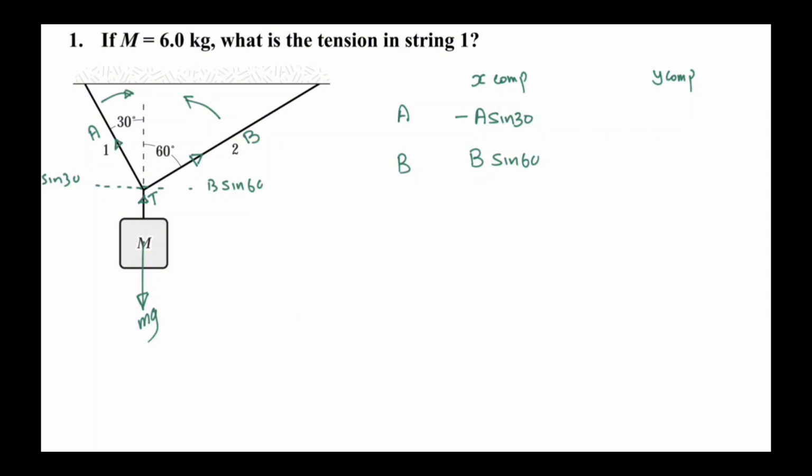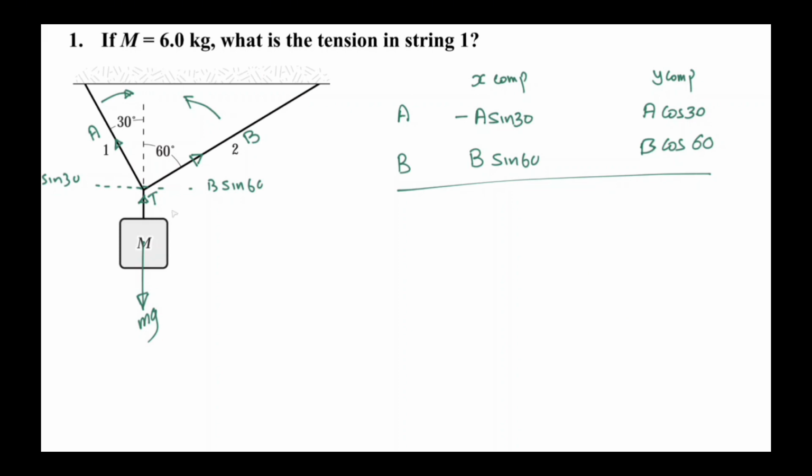Now the y component for A is A cosine 30, and the y component for B is B cosine 60.